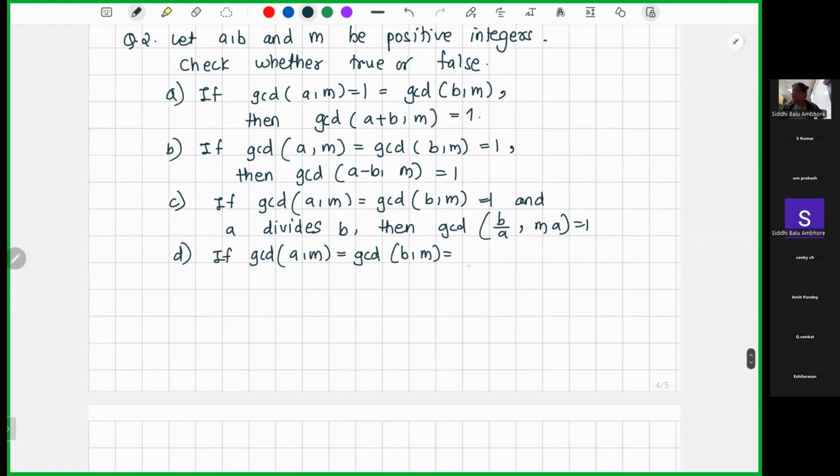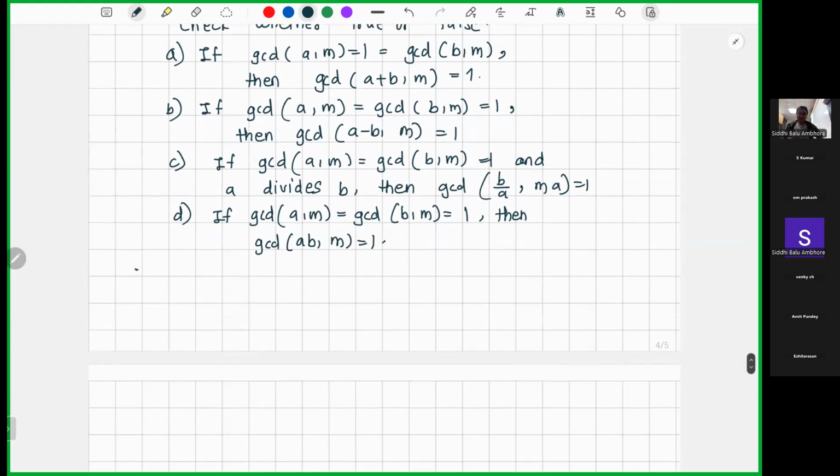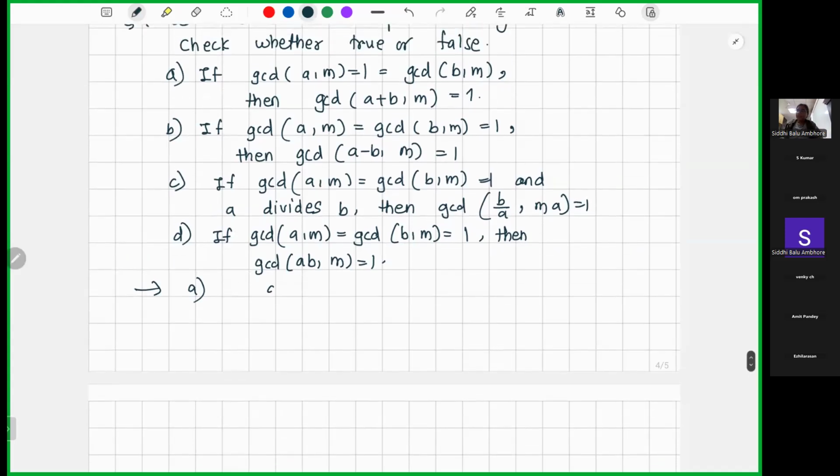Just a second, let me finish this. Okay, so these are the options. And as suggested by Amit, we can take A to be 2, B to be 3, and M to be 5.